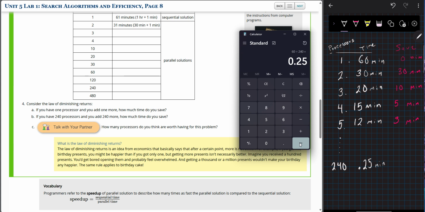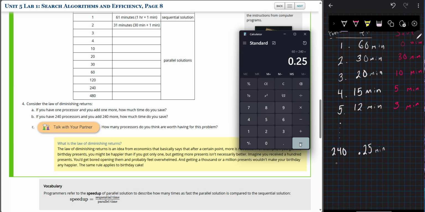That'll be like 15 seconds. So we add 240 more. 240 plus 240 is 480. So how much does it take us? So 480. No, it's 60 divided by 480.